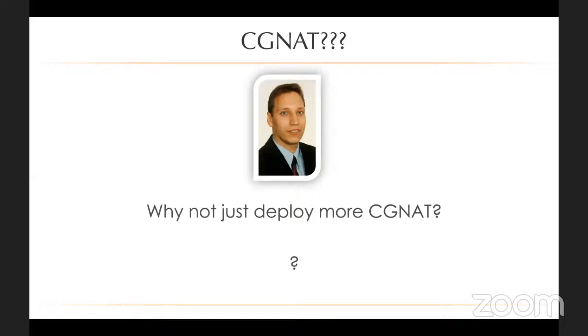Okay, well, the first thing is to clarify a confusion that most people have about what is CGN or CGNAT or carrier grade NAT. All those are terminologies used by vendors, and those are commercial terminologies.